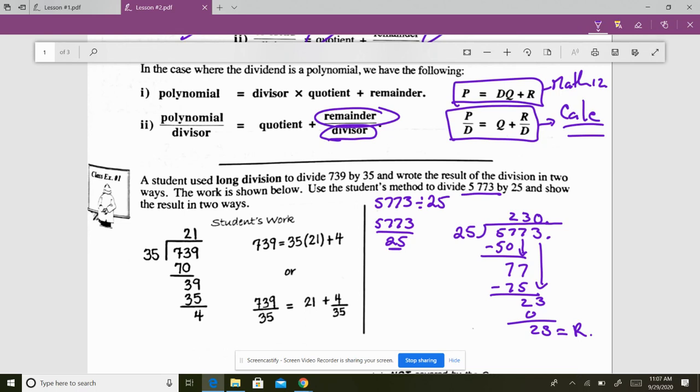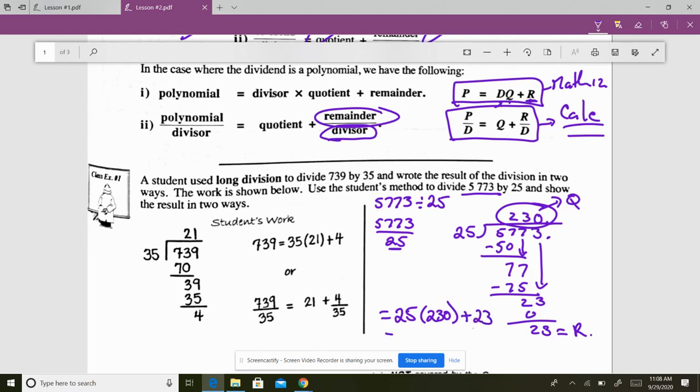So for example, I can rewrite 5,773 divided by 25 as d, what's my divisor? The number you're dividing by, which is 25, times the quotient. Now the quotient is this thing. This is your Q, quotient. Times that plus your remainder, plus 23.